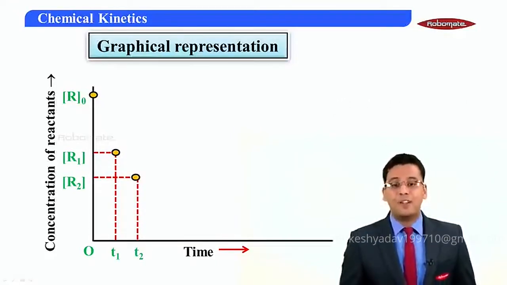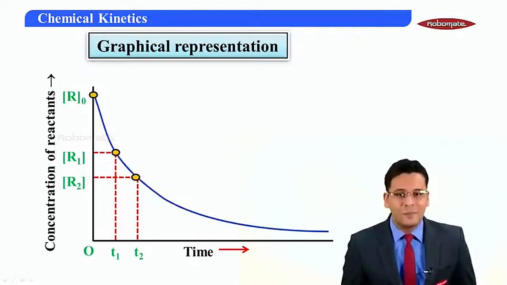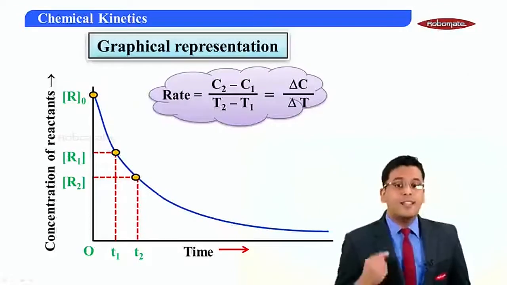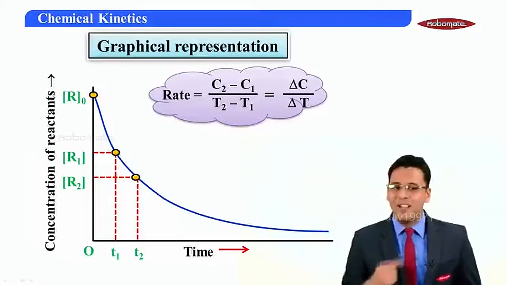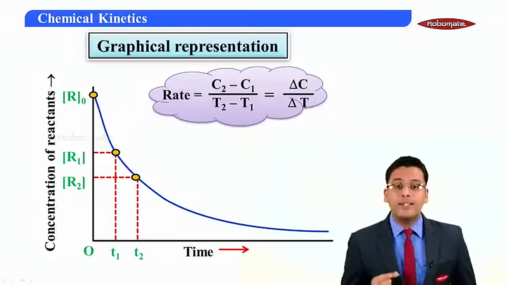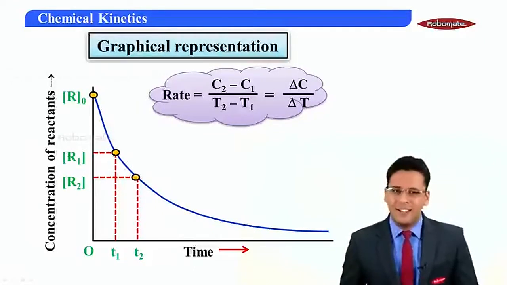If I draw a profile of this graph, this is what it will look like. I know that average rate is C2 minus C1 upon T2 minus T1. So let us calculate the average rate between time T1 and T2. This is what it will look like.